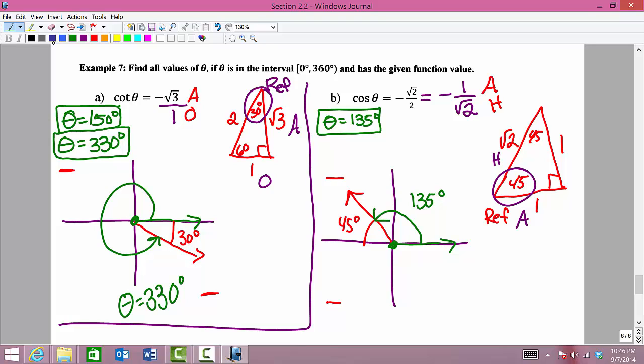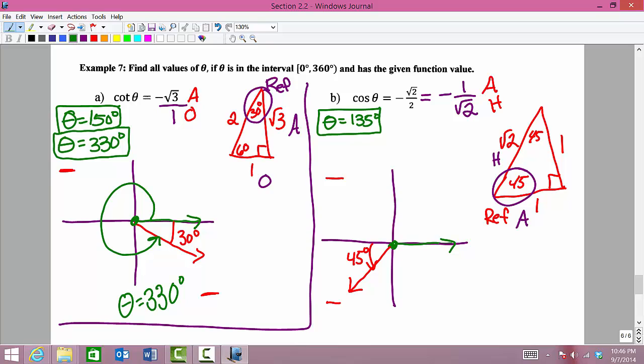And then we want to do the same thing, this time locating an angle in quadrant 3. So let's erase this part here. And this time we're looking for an angle that has a reference angle of 45 degrees in quadrant 3. So there's my reference angle.